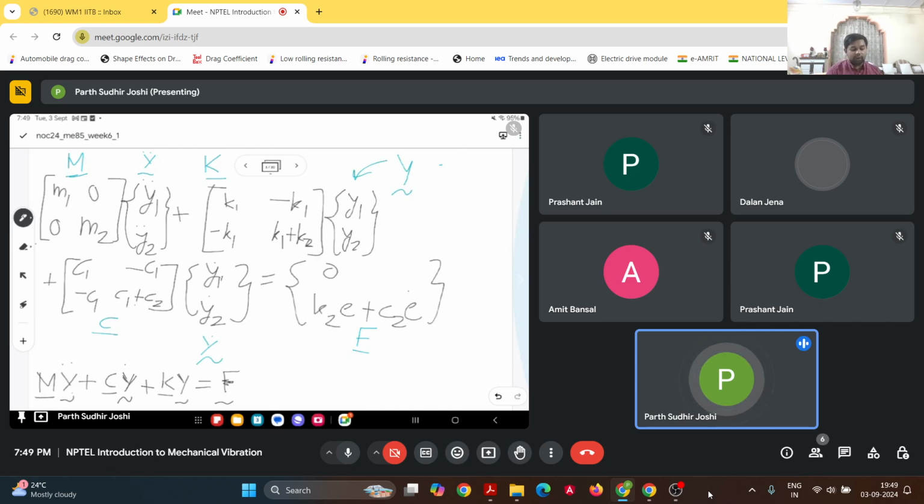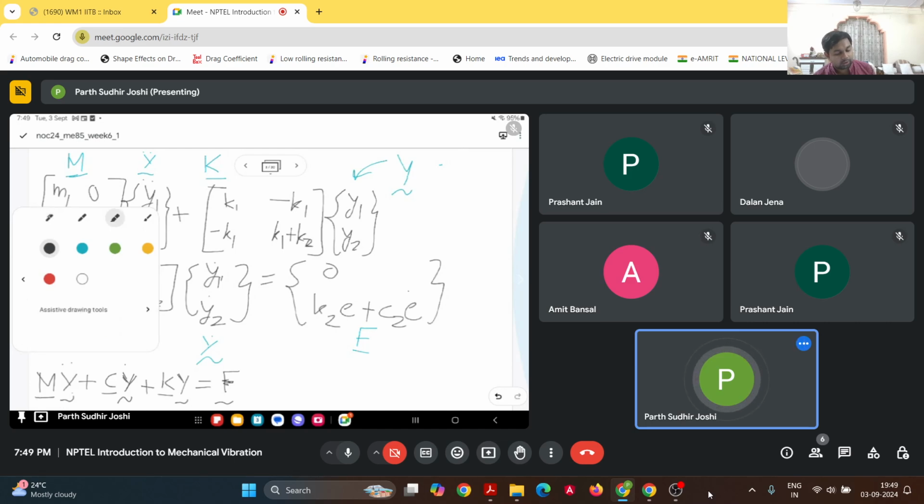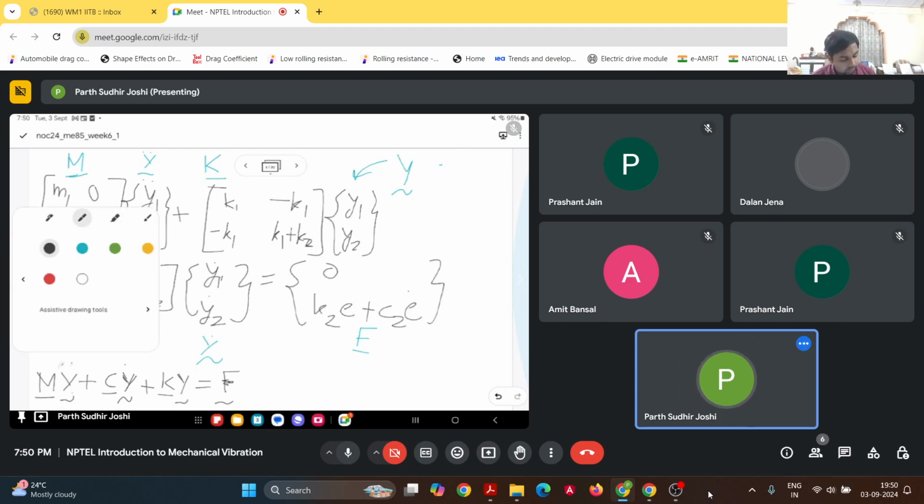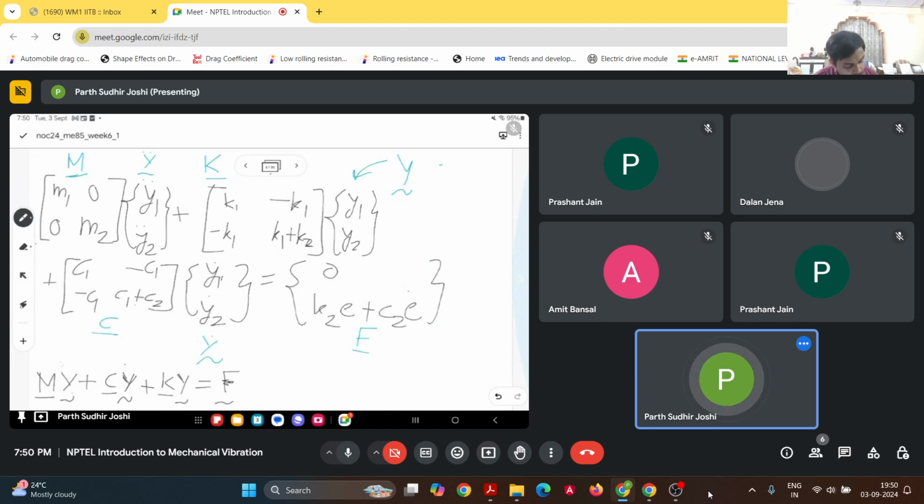The only difference is that this is a matrix equation, and for a single degree of freedom system it's a scalar equation.